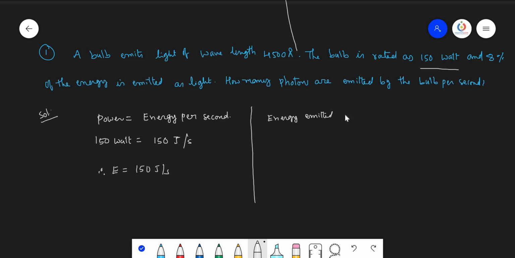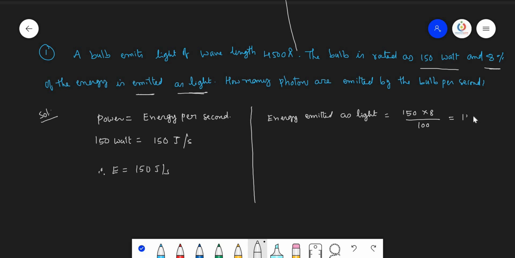Now, energy emitted as light is equal to, see here, from this 150 watts of the bulb, only 8% of the energy is emitted as light. So, all is not coming out as light, only 8%. So, let us calculate the percentage, 8 by 100.